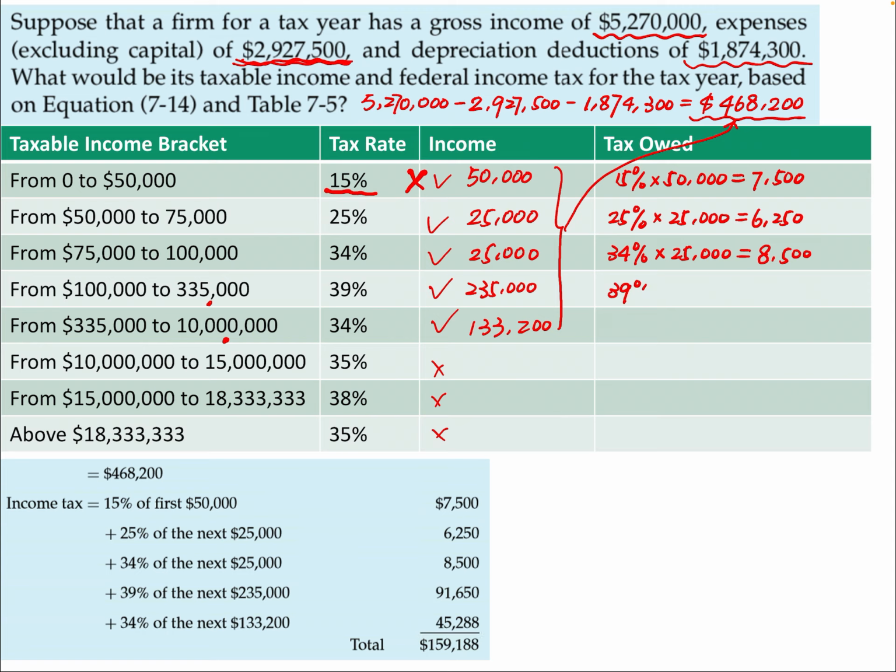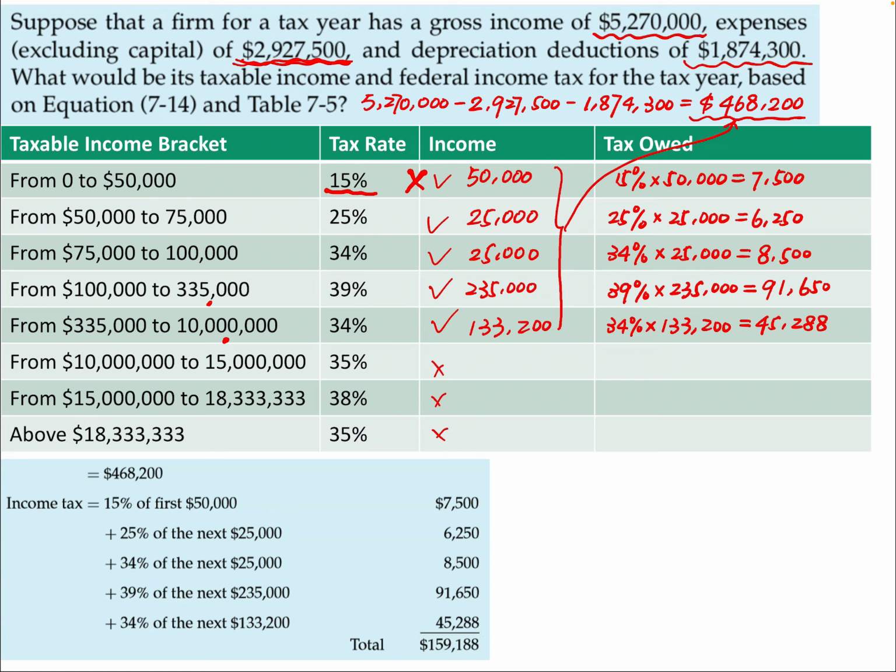8,500. And the fourth bracket is to use 39% times 235,000, which is 91,650. And then the last bracket, you didn't fill it up, but you still have a part of it. That's fine. So it's 34% times 133,200, which is 45,288.